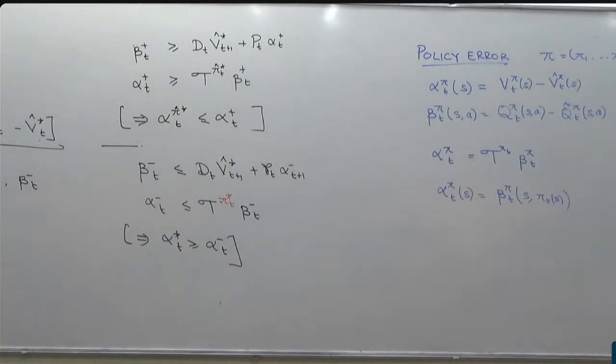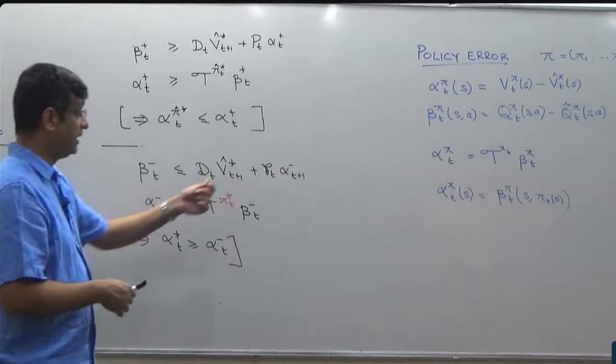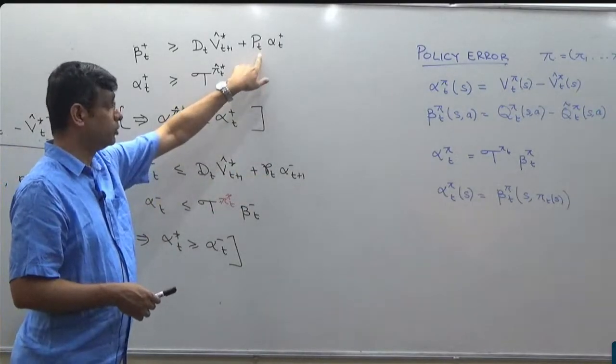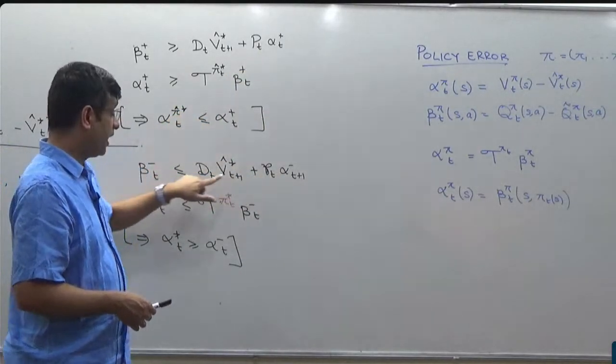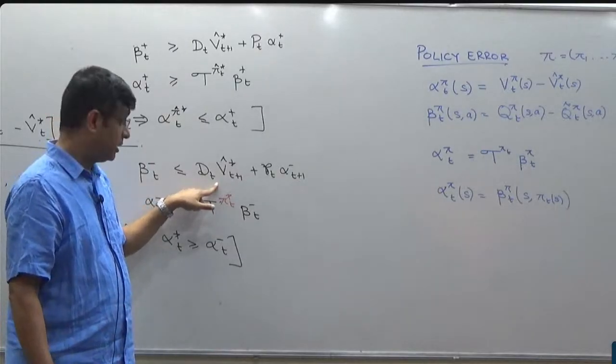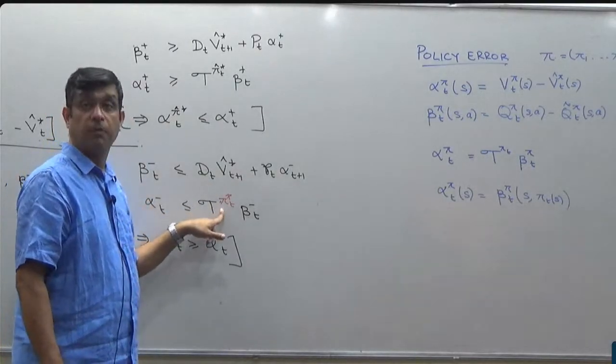So, this is in principle a bound, because to compute this bound, I need the ability to do dynamics in the true model. I need the ability to compute this guy, and I need to know the optimal policy.